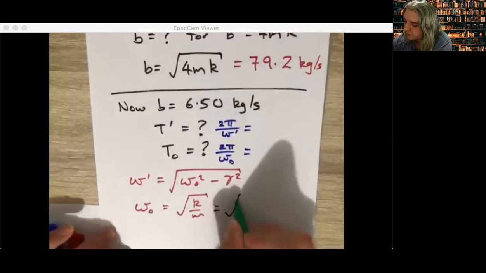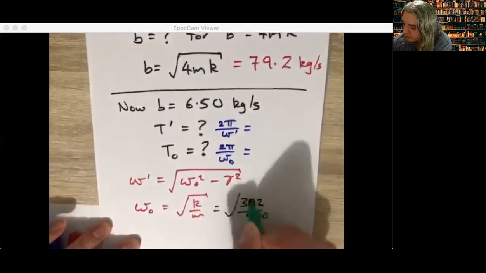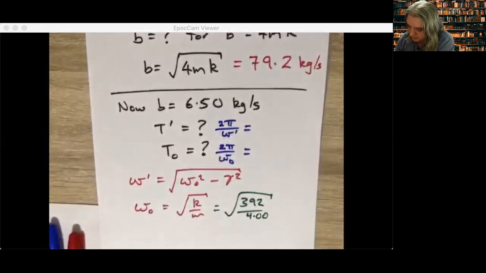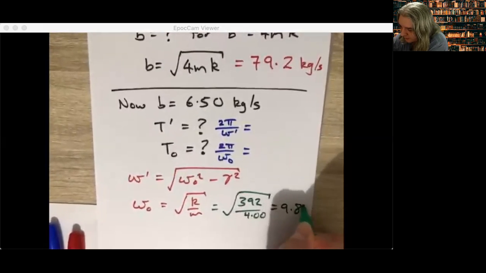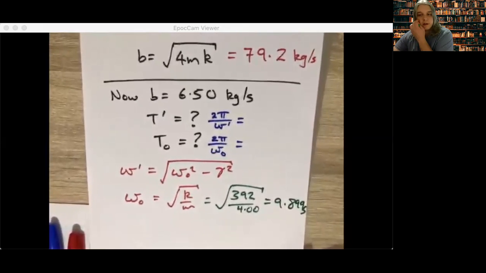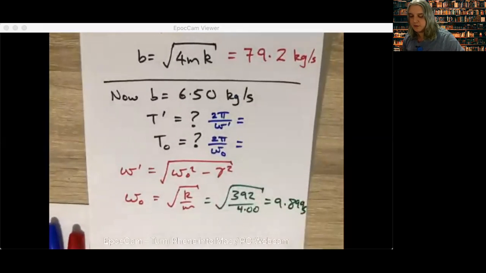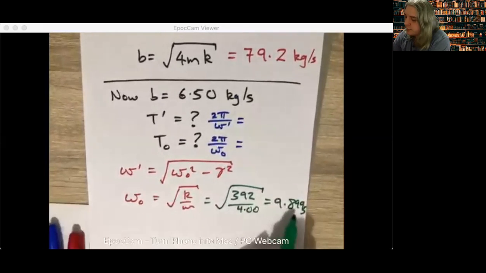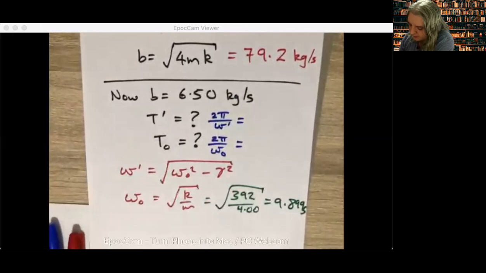Omega naught is just the square root of k over m, which is the square root of 392 over 4.0. So I get 392 divided by 4, 9.8995. I'm not going to throw away any decimal places yet, because I don't know how big the difference between these will be, and the difference between T naught and T prime is what we're interested in. So with 9.8995, I can do 2 pi divided by that to get our period.